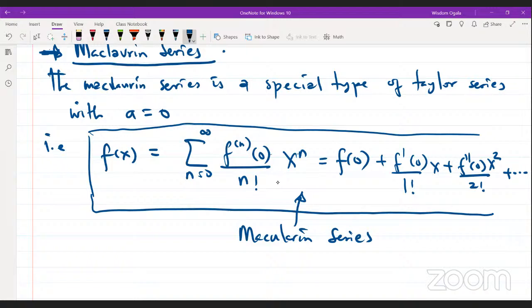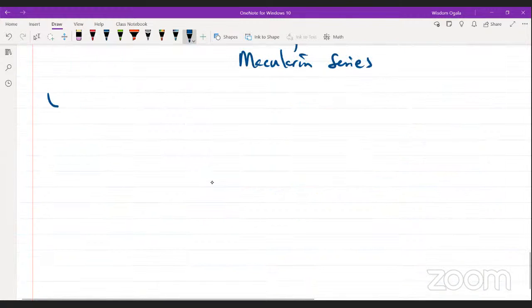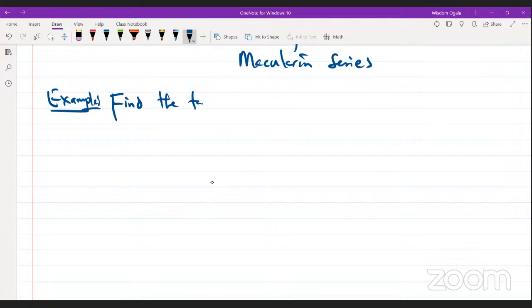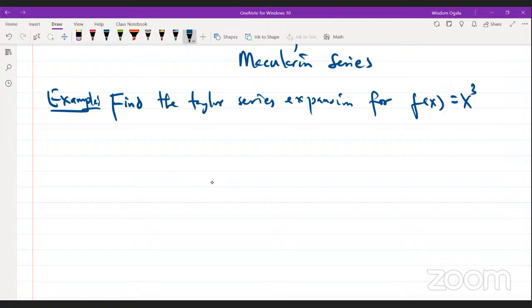Now, let's begin to see how these formulas can really be applied. Example: we want to find the Taylor series expansion for a polynomial at a equals -1.